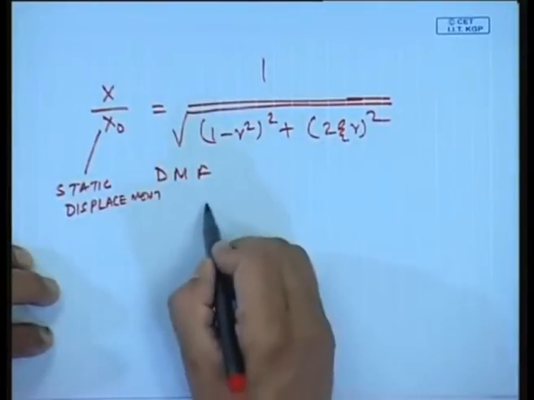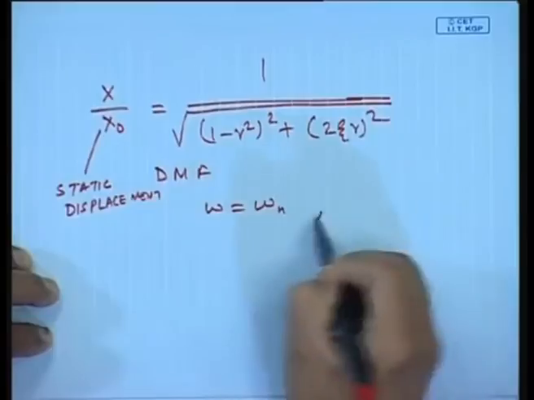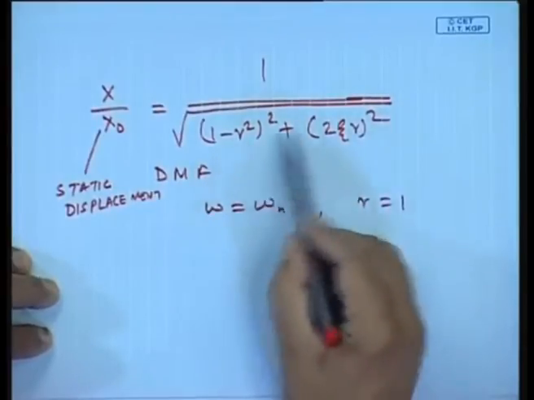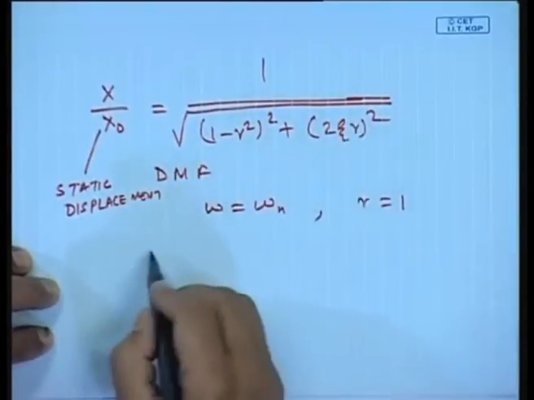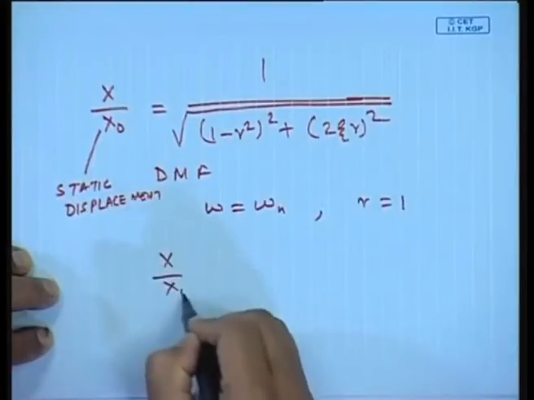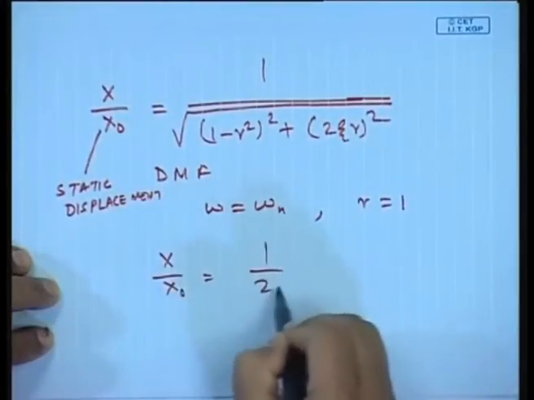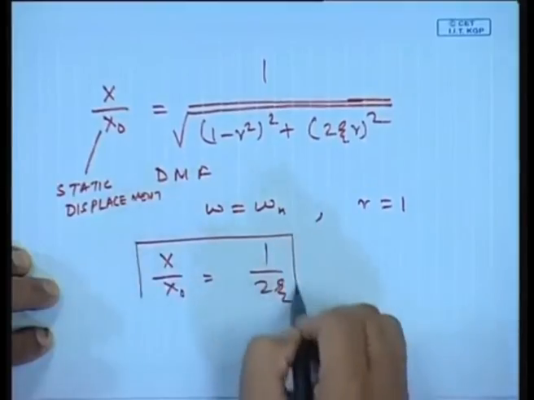So, if omega is equal to omega n, resonating conditions will have r equal to 1. So, this is going to disappear and I will have x by x naught as 1 by twice zeta. Okay.